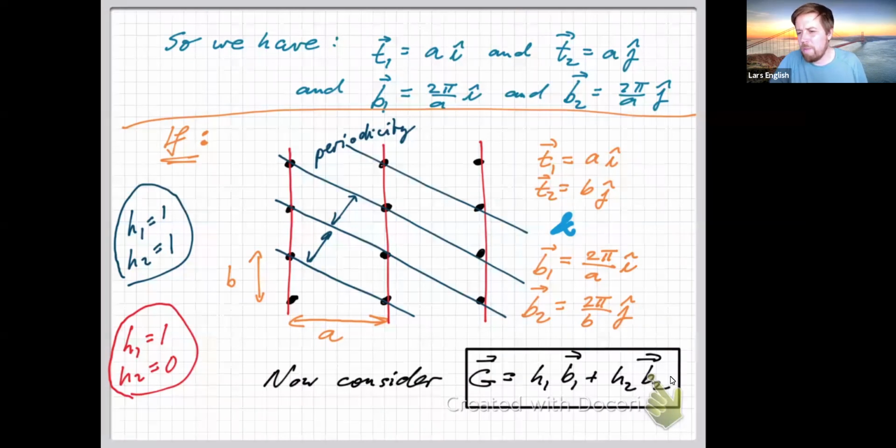But when you form this kind of combination, B1 plus B2, with the basis vectors defined like that, you can show that that kind of G vector is perpendicular to these real planes. All right.